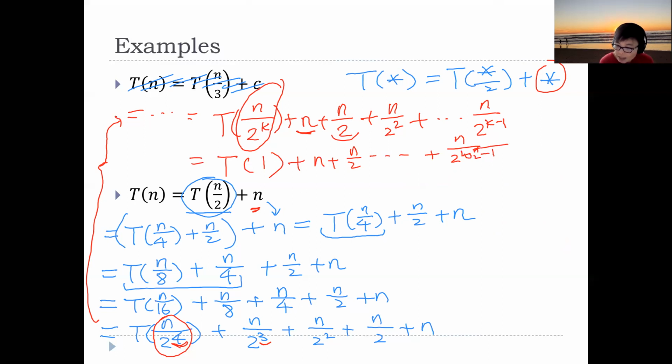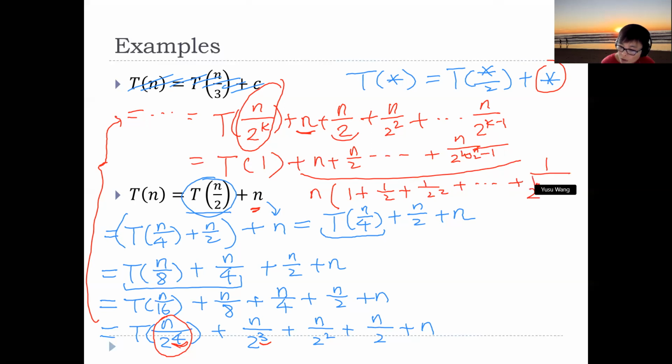This looks complicated. However, what is this? If I take n out, what do I have inside? Inside I have 1 plus 1 over 2 plus 1 over 2 squared, all the way to 1 over 2 to the power of log n minus 1. What is this? This is exactly a geometric series.